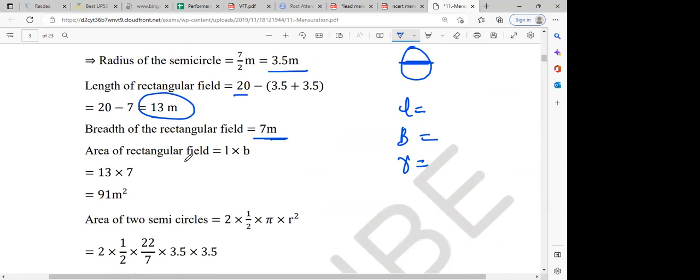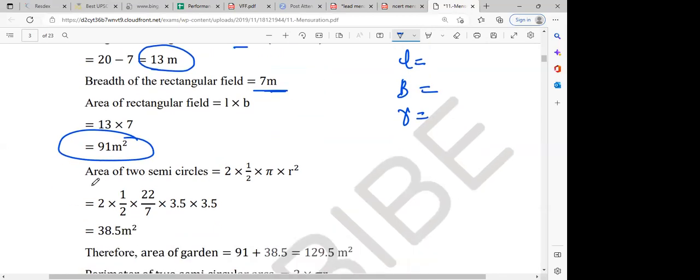First of all, area of rectangle, length into breadth, which is your 91 meter square. Then area of two semicircles. The area of a semicircle is half pi r square, but you have two semicircles, that's why you multiply by 2.